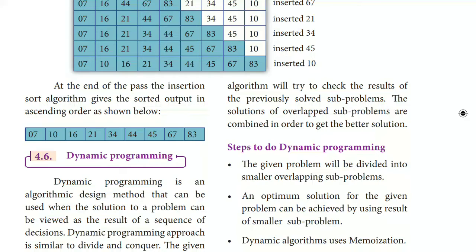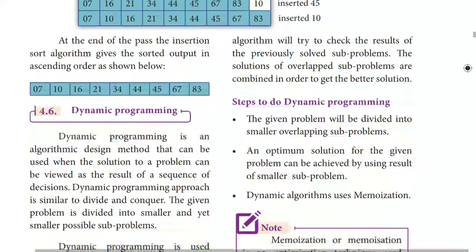There are steps to do dynamic programming. The given problem will be divided into smaller overlapping subproblems. An optimum solution for the given problem can be achieved by using the result of the smaller subproblems. The dynamic algorithm uses memoization.